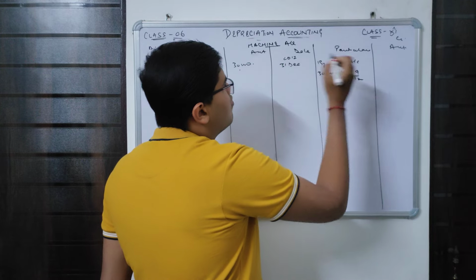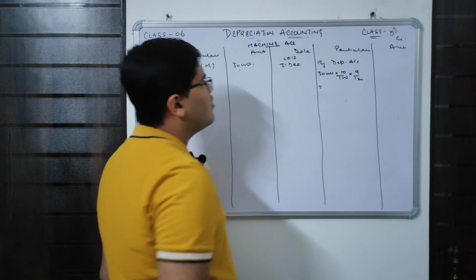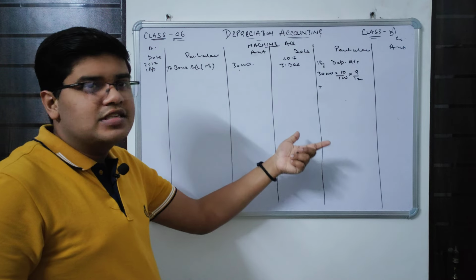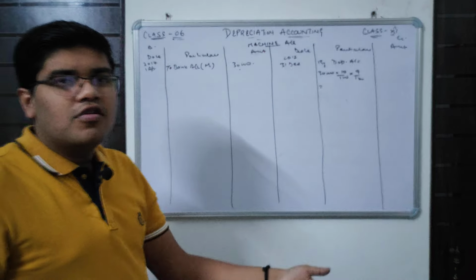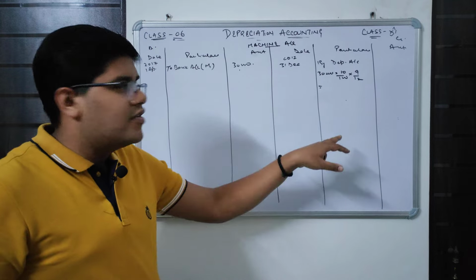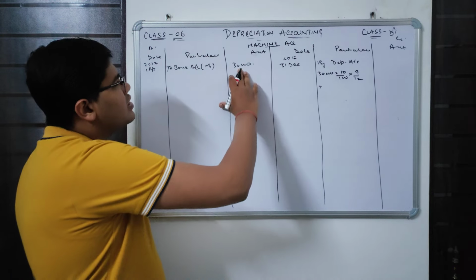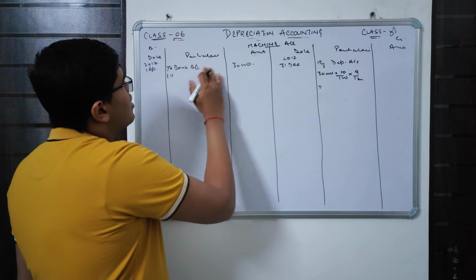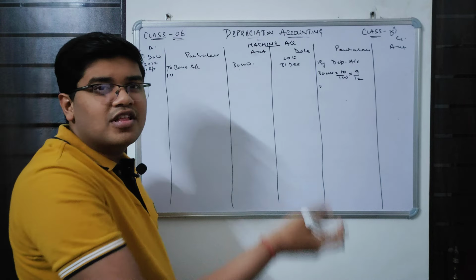To make the calculations simpler, so that later you do not have to calculate for the sold part, you can divide this machinery into 2 parts. That means 30,000, and we are selling 1/3 part of it.